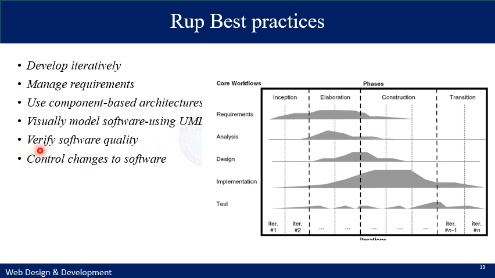It is a good practice to verify the software quality. You have to employ some quality standards to verify the quality of your application, and you also should control changes to the software. For example, you should use a version control system to track what requirements are deployed in version 1.0, and what you are going to do in the next version.